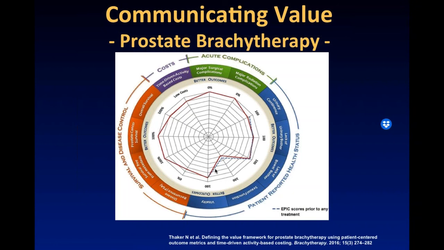So what you see in front of you is a radar plot, and on this radar plot demonstrates survival and disease control, which is in orange, the costs, which is in purple, acute complications from surgery or radiation in green, and then you have patient-reported outcomes that are in blue, and anything that extends further from the center of the axis represents better outcomes or lower costs.